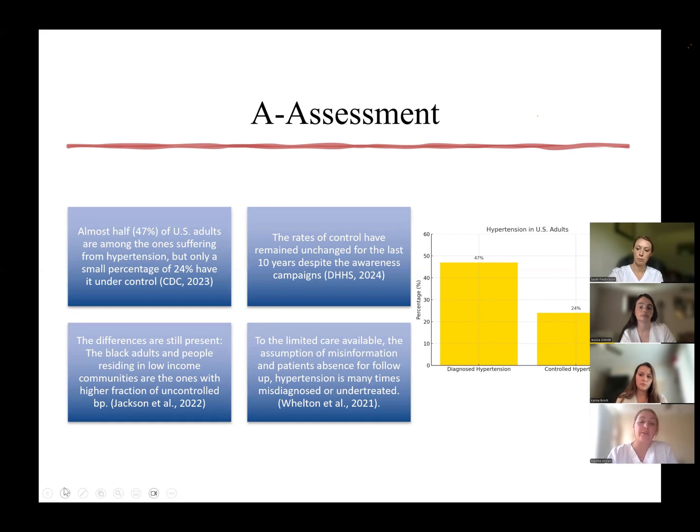And if we look at the causes for all of this, first of all, a lot of people don't know they have hypertension because it's called the silent killer. It's gradual.